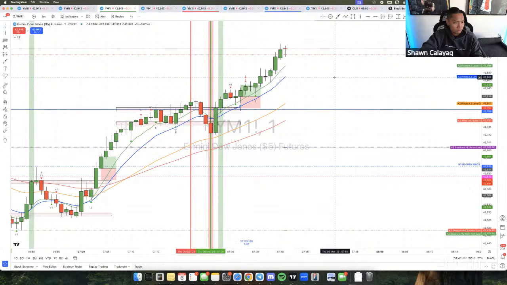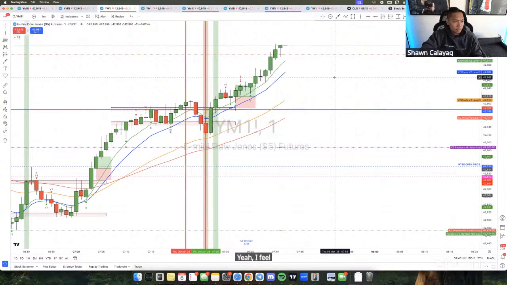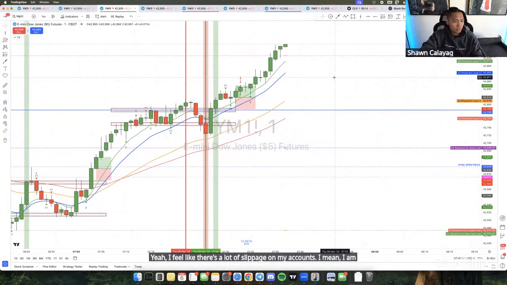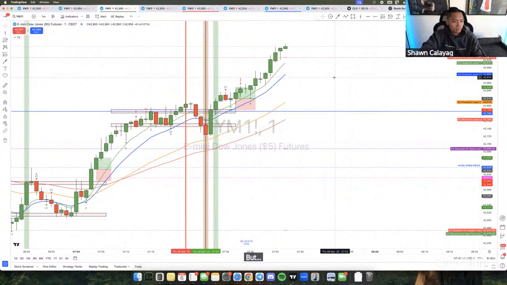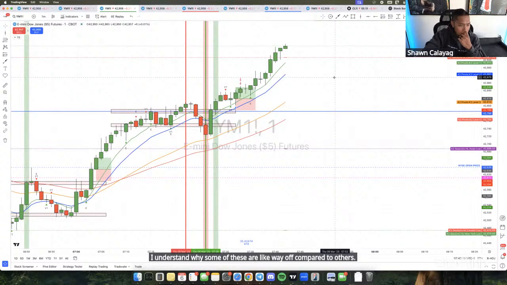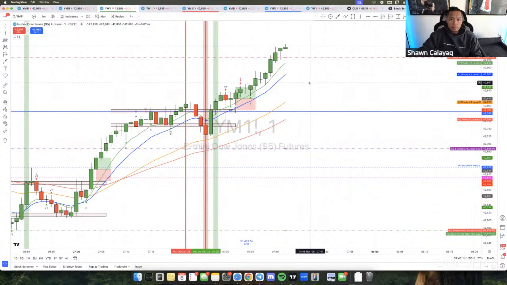Yeah, I feel like there's a lot of slippage on my accounts. I mean, I am trading like 60 accounts. I'm trying to look at my accounts right now to see what the deal is. I don't know why some of these are way off compared to others. I'll figure it out. I guess there's just a lot of slippage here.